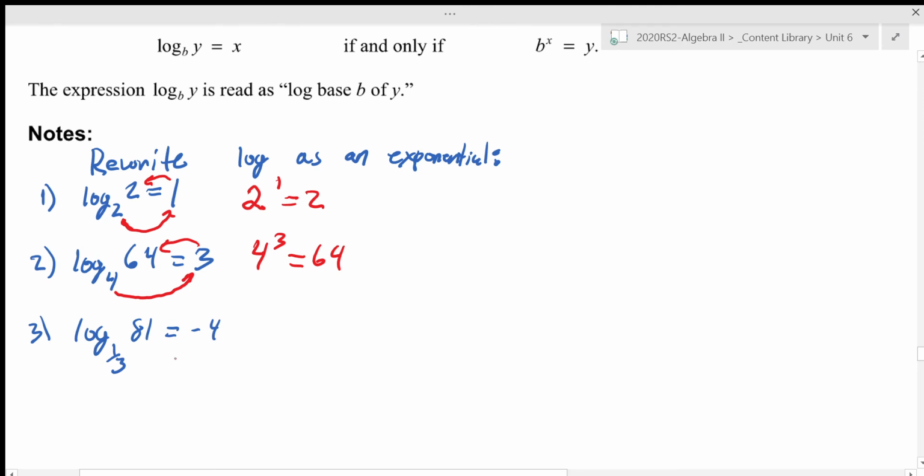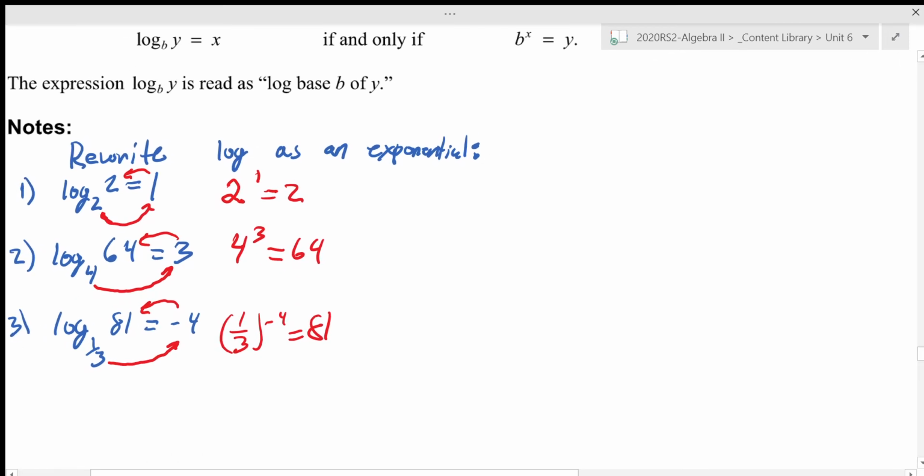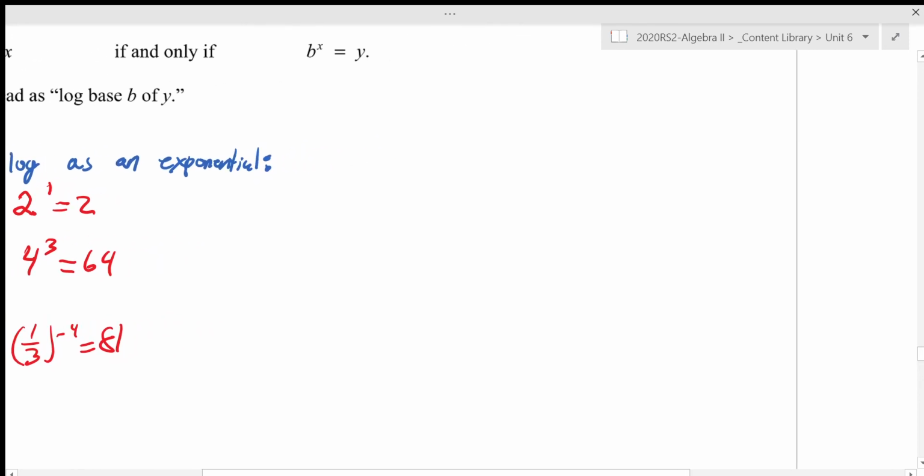So that means 1/3 to the -4 power is equal to 81. And so that's how you rewrite logs as exponentials. And it turns out you can go in the other direction as well. We could rewrite exponentials as a logarithm.